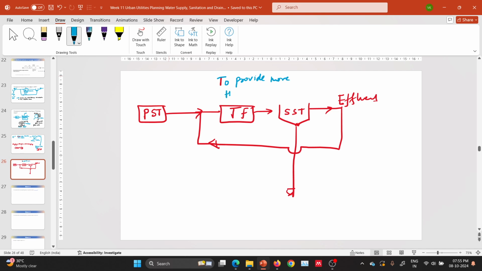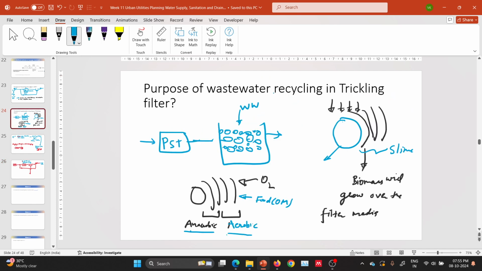More hydraulic loading means more discharge. Because of this, sloughing may occur early or easily. That's why we are recirculating the effluent wastewater. So this is the purpose of wastewater recycling in the trickling filter, which is sloughing.